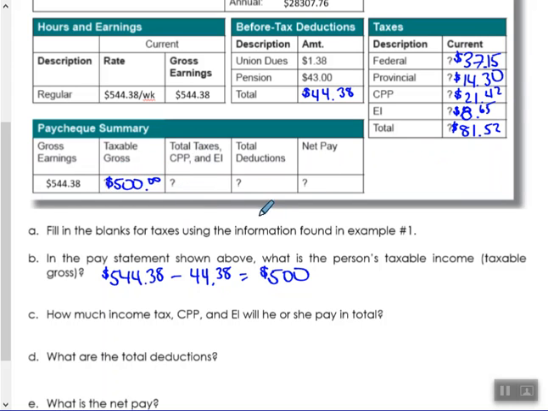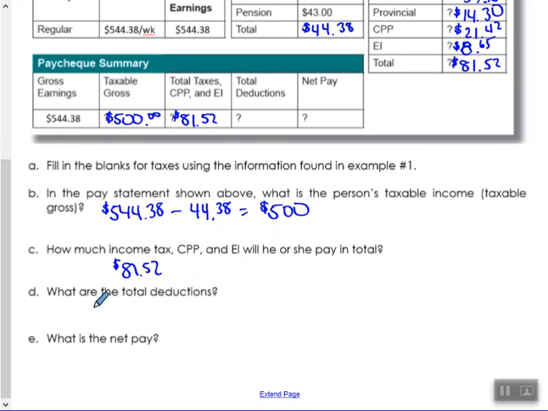Okay, so our total taxes and CPP and EI is 81.52. So she pays 81.52 in taxes, CPP and EI, calculated already. And for total deductions, I need to add on that 44.38 that is also getting deducted.